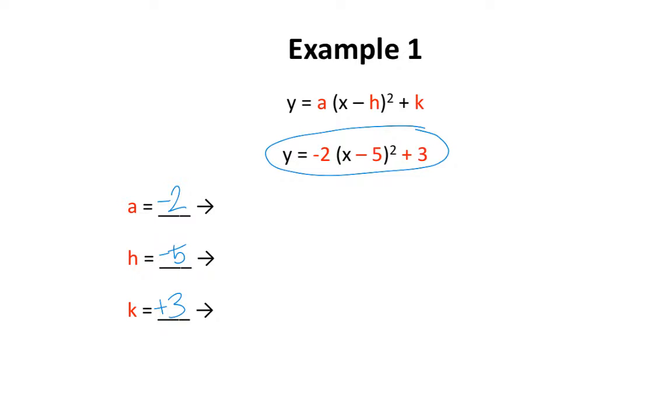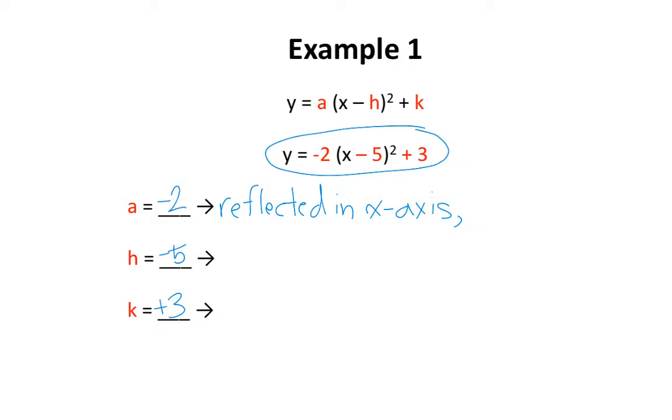Let's begin by looking at the a value. Since the a value is negative, that means it is reflected in the x-axis. In other words, it is opening downwards now, so it is frowning.